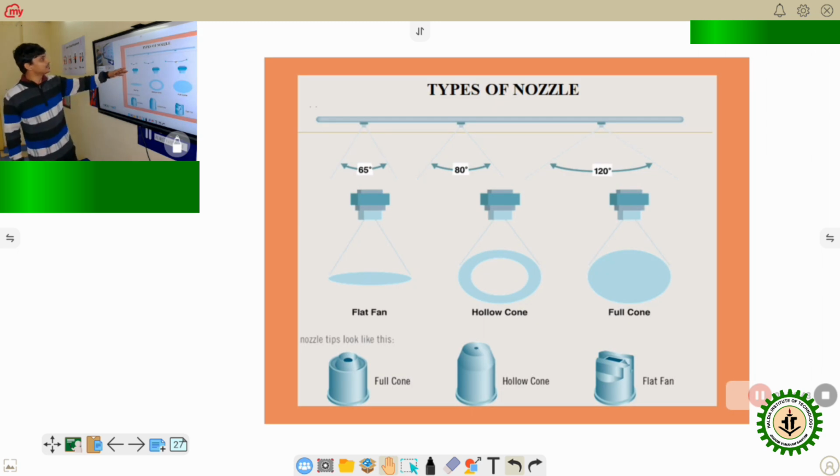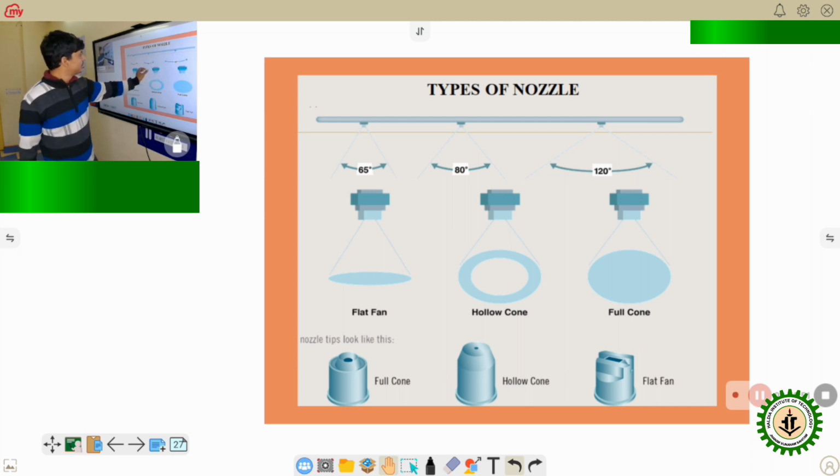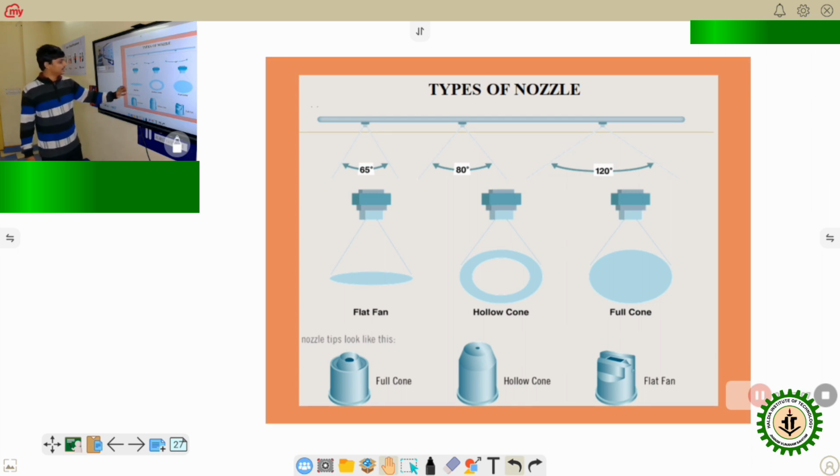Here I am trying to present the spreading angle of the nozzles. You can see how the fan type, hollow cone type and full cone type are separate from each other, because when we are spraying at 65 degrees the area is this much, and the hollow cone covers more area, and at 120 degrees it can cover more area.